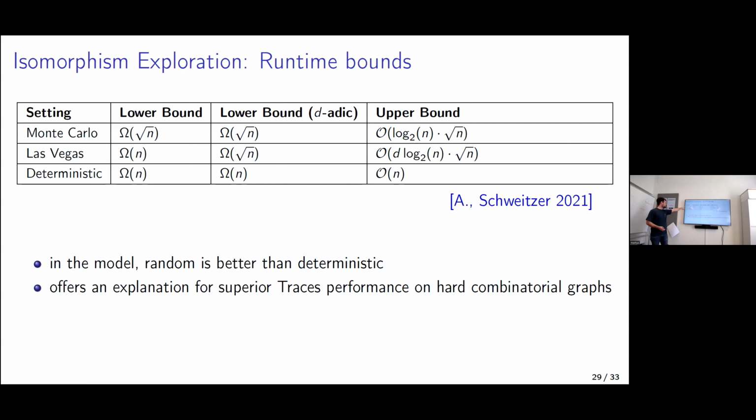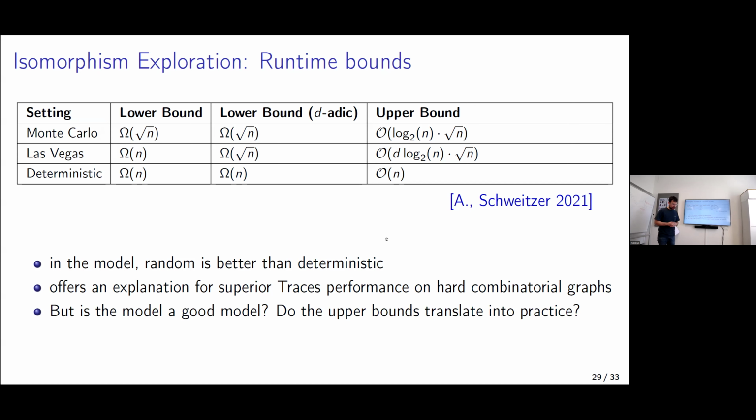It sometimes uses random walks of the tree, which enables it to detect automorphisms earlier because it has good probabilities. But it also uses the Las Vegas algorithm, because I've mentioned this special traversal strategy, and what that actually is is a split. It splits on the second to last level sometimes in the tree. Now, this is of course not guaranteed to be balanced, but it turns out to be fairly balanced sometimes in practice. So this model also explains why Traces works well sometimes.